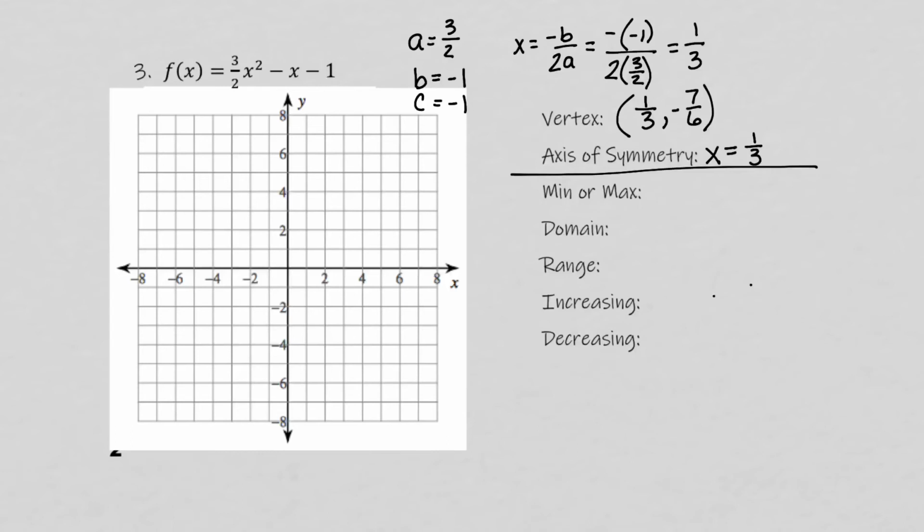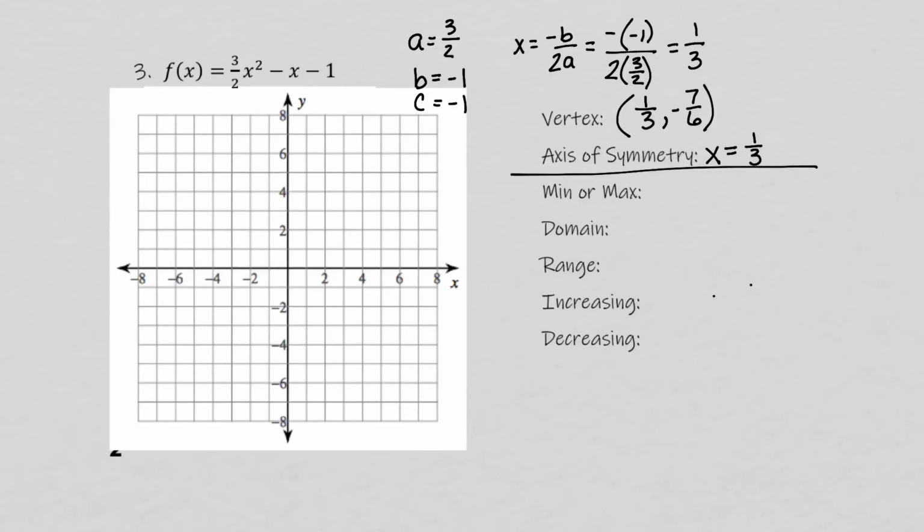Now, graphing fractions versus decimals is a different story. So let's graph that vertex, okay? Just visually seeing 1/3, it's 1/3 of the space between 0 and 1, but graphing 0.3 is a little easier.